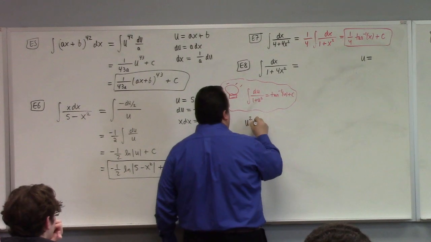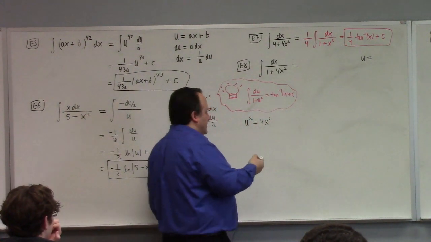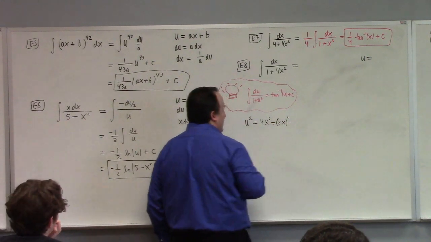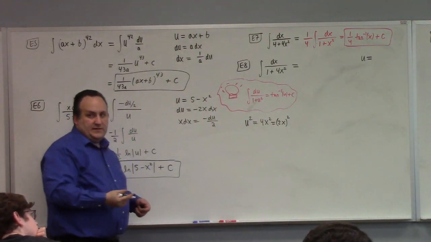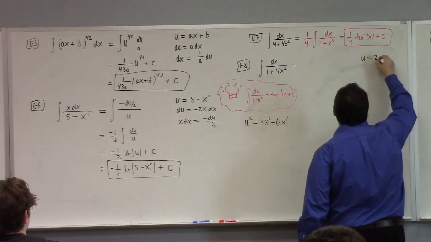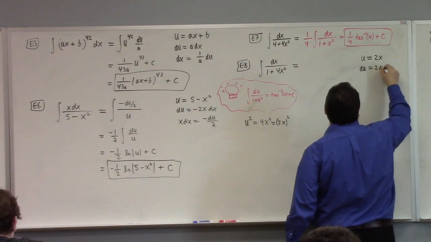I want u squared to be equal to 4x squared, right? 4x squared is also what? It's 2x quantity squared, right? So I should let u equal 2x. If I do that, then my du is 2 dx.